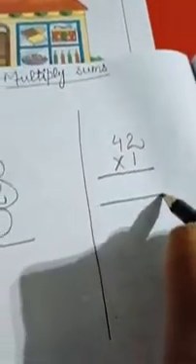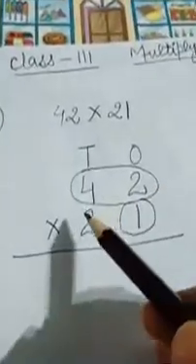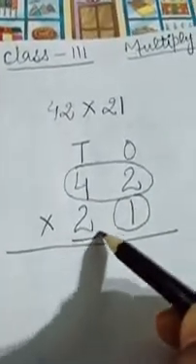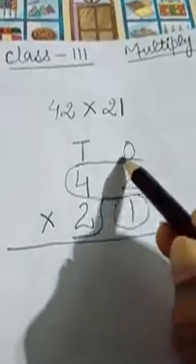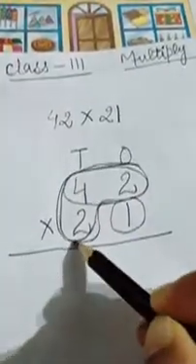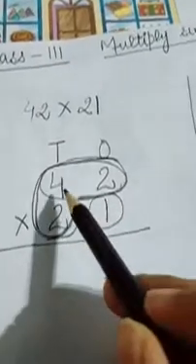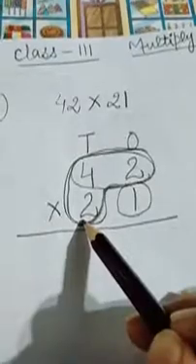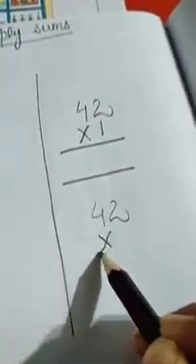In the second step, this 42 will be multiplied by 2. Like this we will do multiplication: firstly 42 multiplied by 1, then 42 multiplied by 2. We will write it like this.